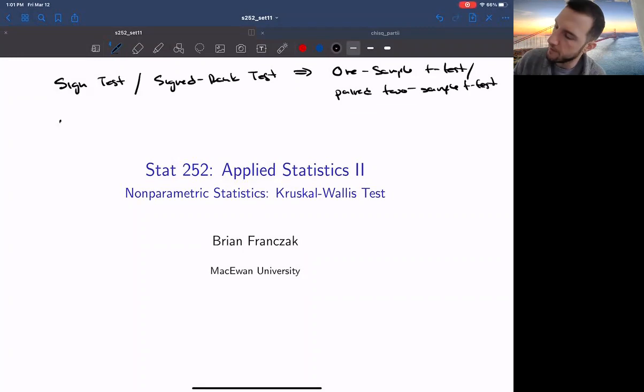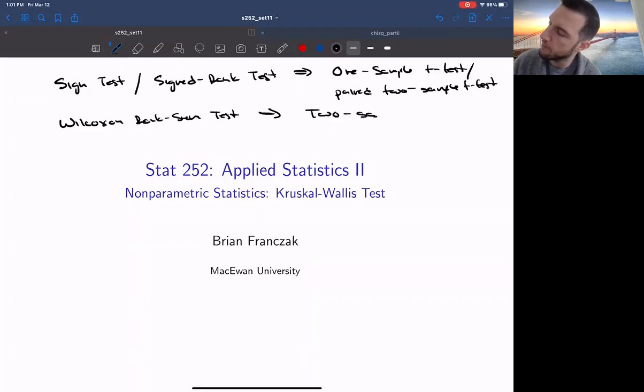Then we have the Wilcoxon rank sum test. This is an alternative to the 2 sample, or rather the independent 2 sample t-test.